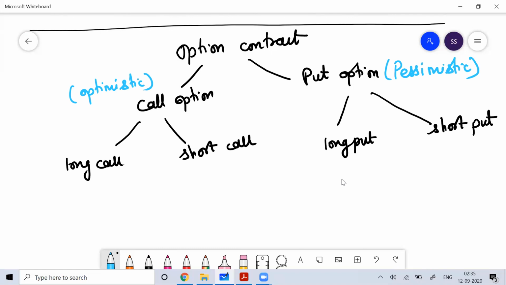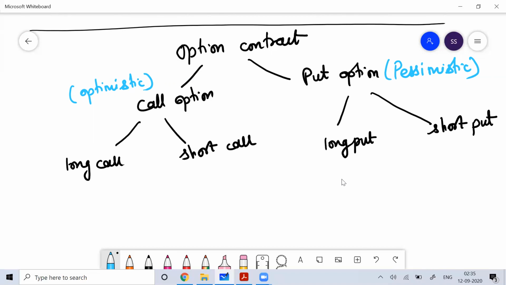Remember call option with someone who's optimistic. Remember put option with someone who's pessimistic. You can associate call option with optimism and put option with pessimism.